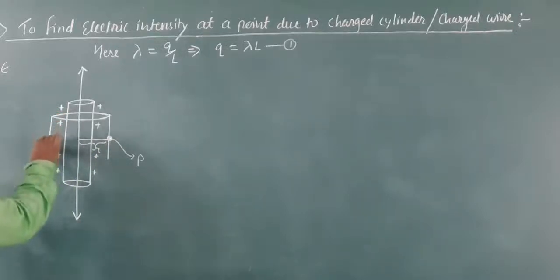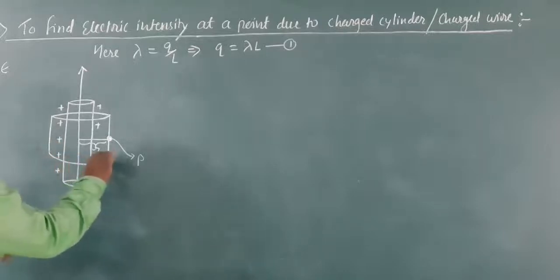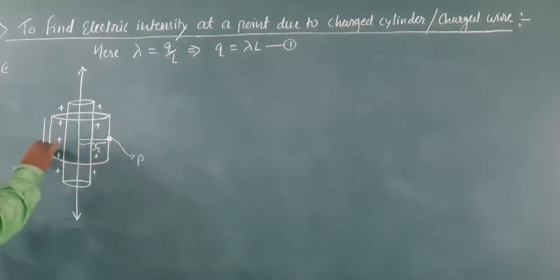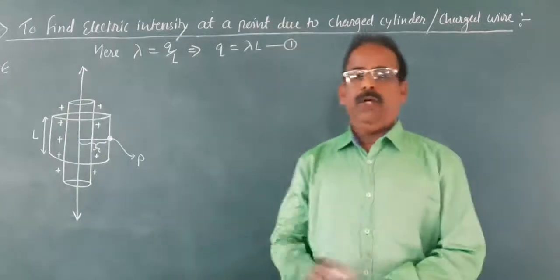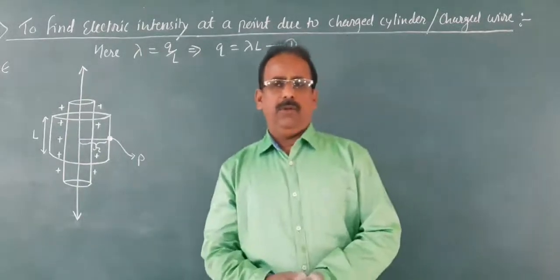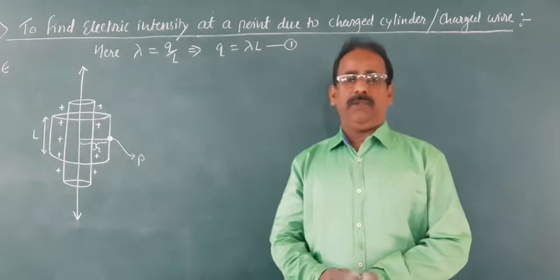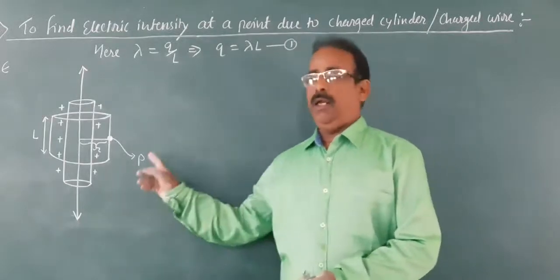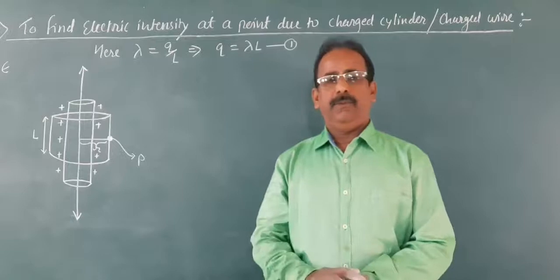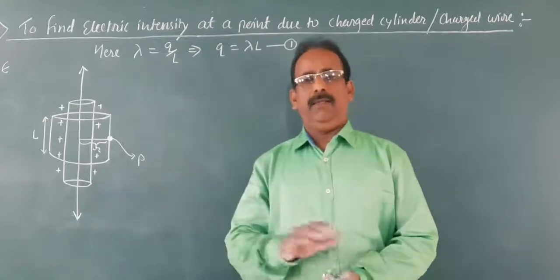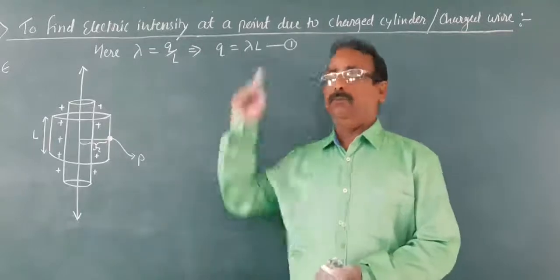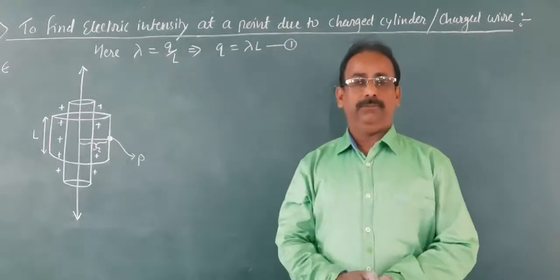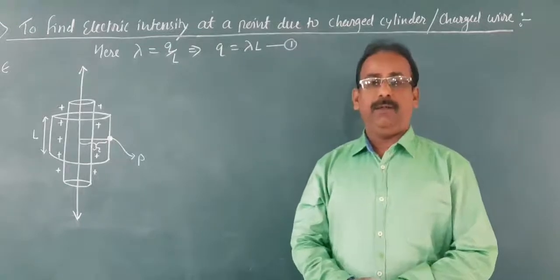This cylinder is called the Gaussian cylinder, whose length is L. We already saw how much charge is present in length L. Inside this Gaussian cylinder, how much charge will be there?